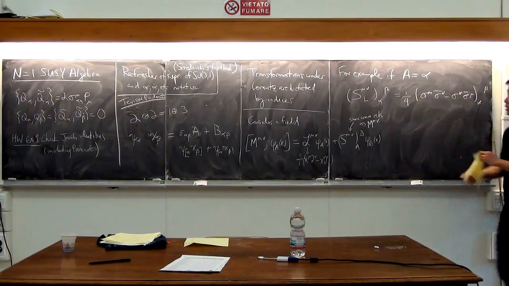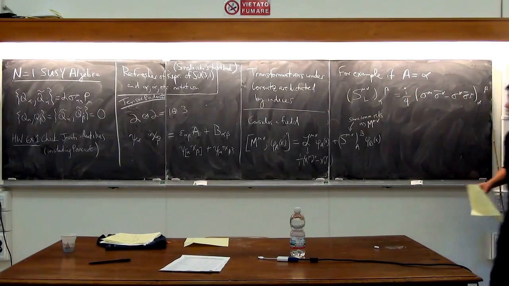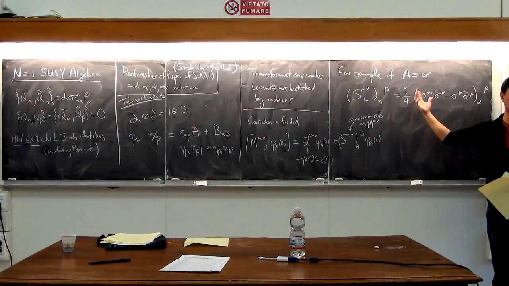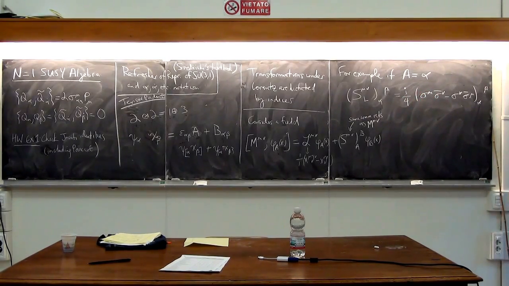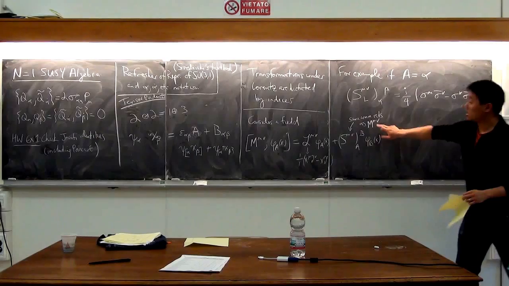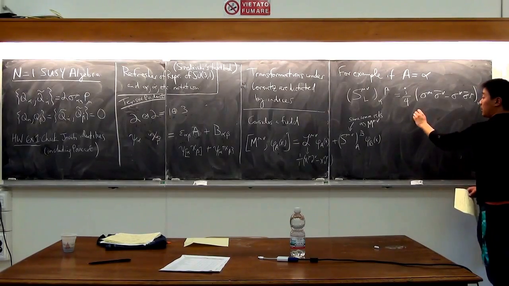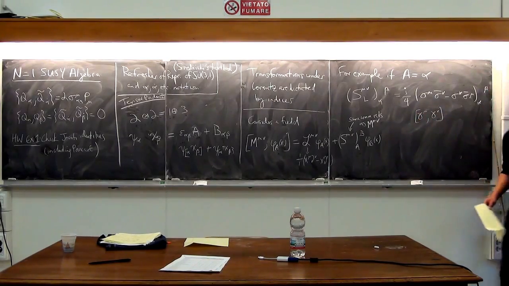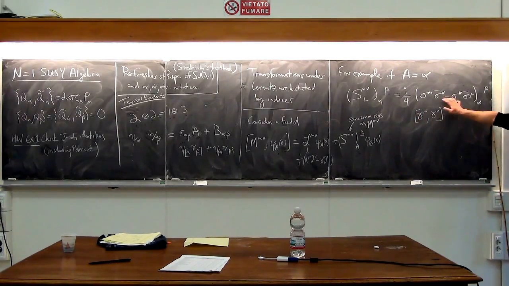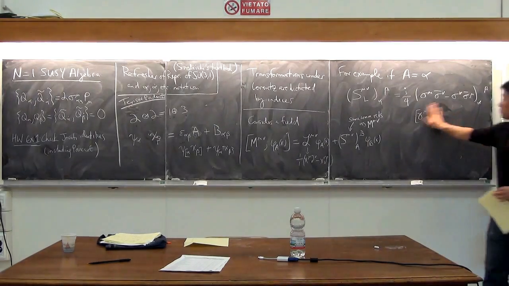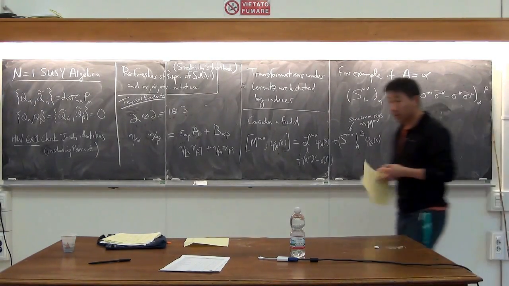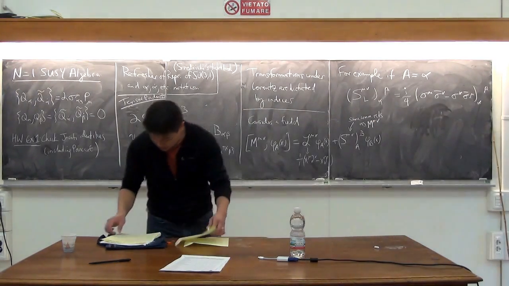Okay, and then the i over 4, the i is determined by the hermiticity properties, and the 1/4 is just a normalization to agree with the commutation relations of M. Okay? So you might be used to seeing this in the Clifford algebra form, where, in the 4-component form, this is gamma mu gamma nu, like that. Okay? This is the same thing. Okay, I think I should probably move on.